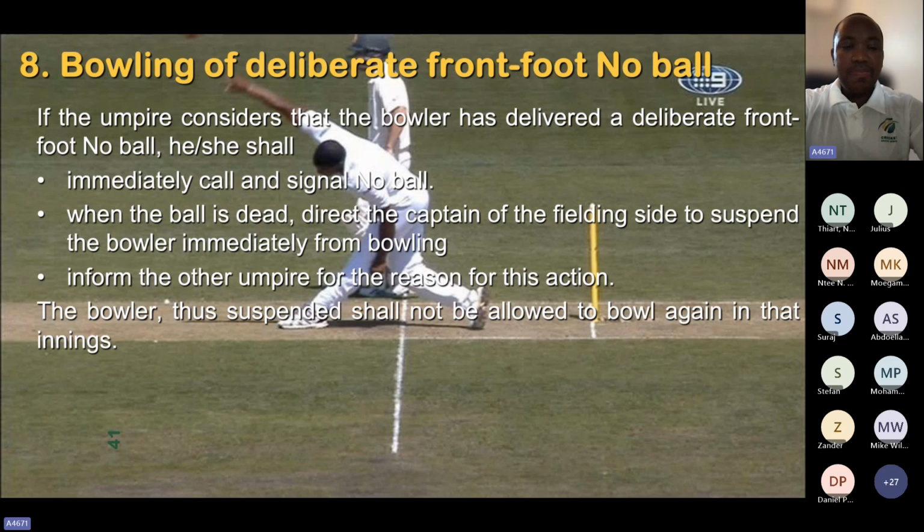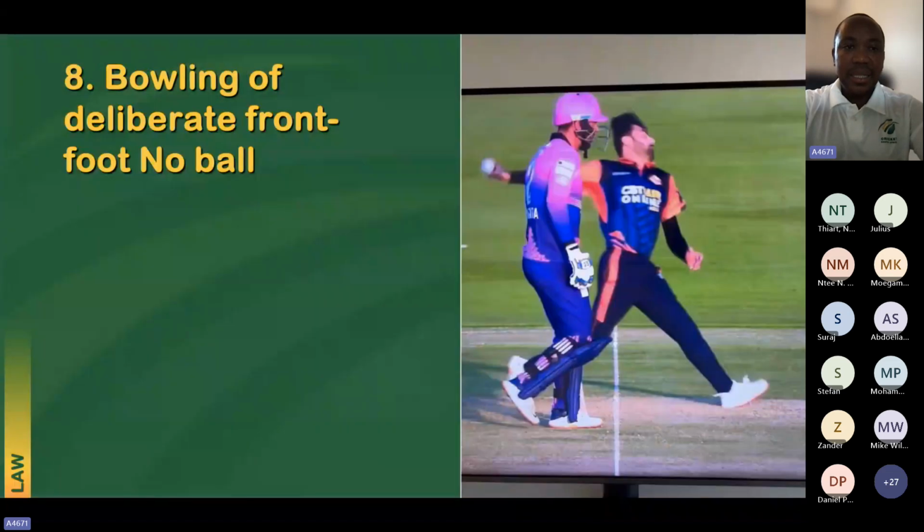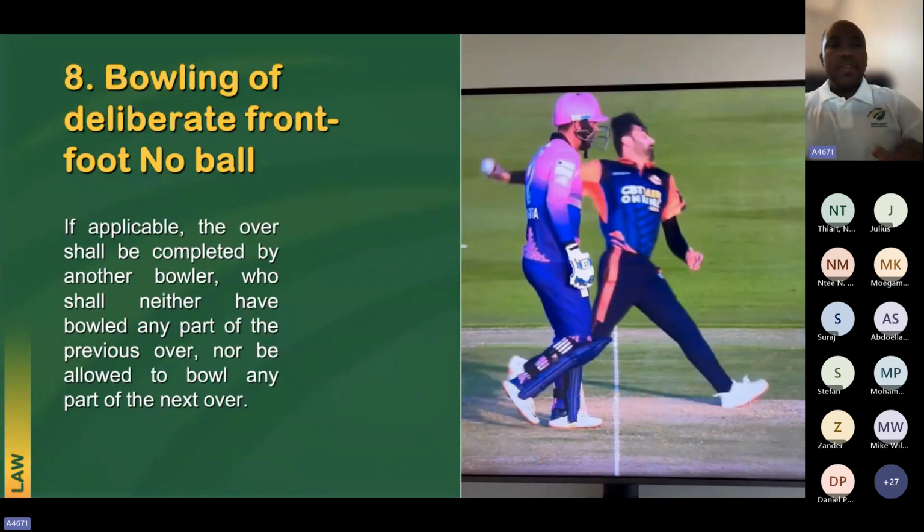And of course, the bowler suspended shall not be allowed to bowl again in the rest of that innings. If applicable, the over shall be completed by another bowler who has not bowled any part of the previous over and cannot bowl any part of the next over.